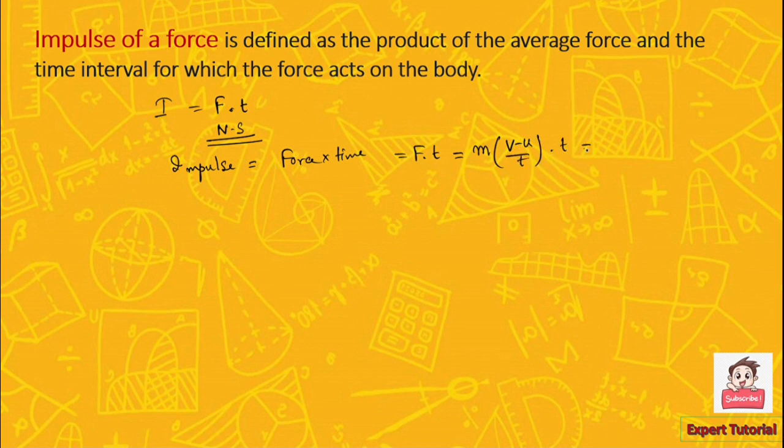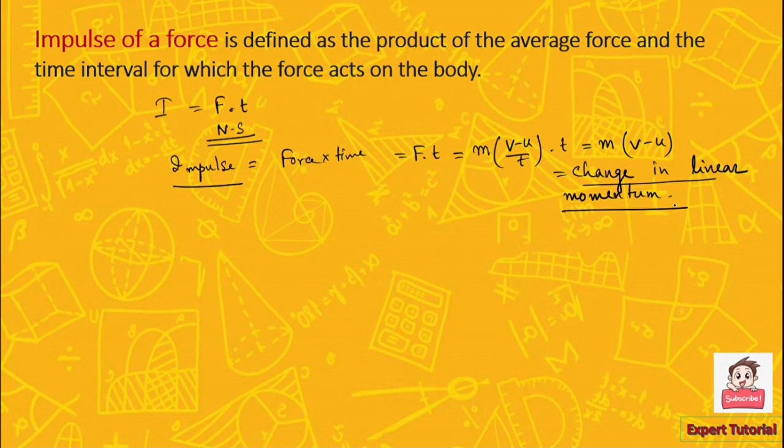So it will become m into v minus u, that is the change in the linear momentum. So the impulse becomes the change in the linear momentum.